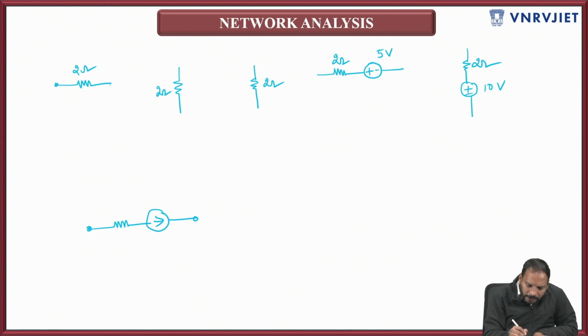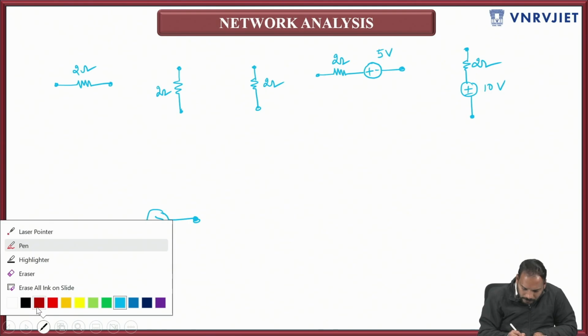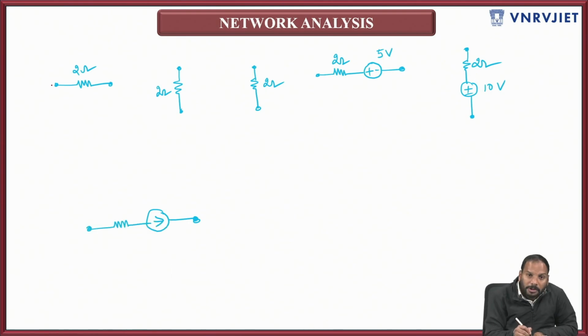Also indicate the nodal voltages. Let us consider all these are the nodes and the nodal voltages. Let us assume the nodal voltage of this one here is 4 volts, this has 2 volts. Take it as 8 volts, 3 volts, 4 volts, 0 volts. Anything you can take roughly.